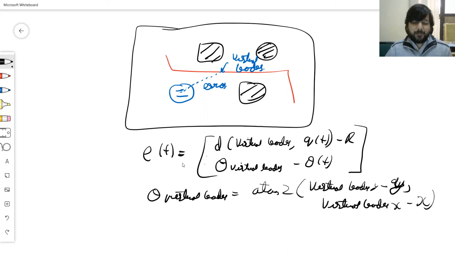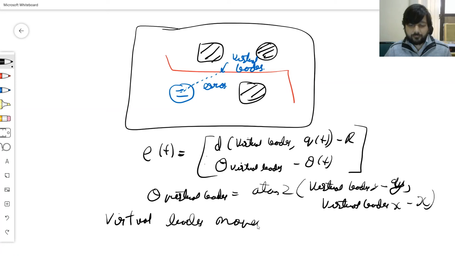Now the only problem is that the virtual leader moves with time. So let the virtual leader go like this, like this, like this. The robot is always following the virtual leader.